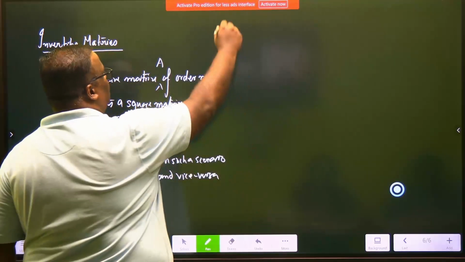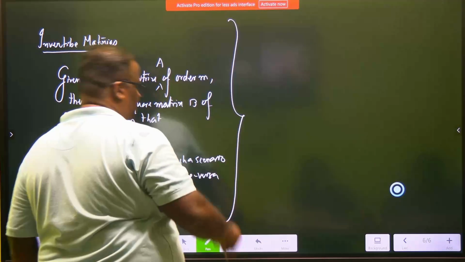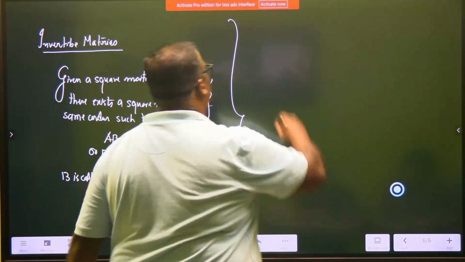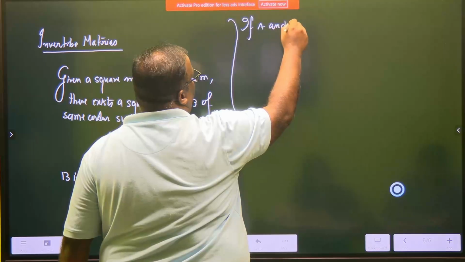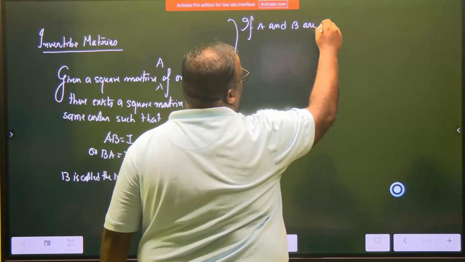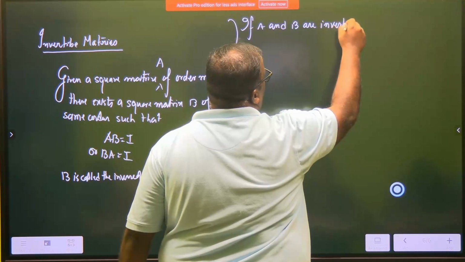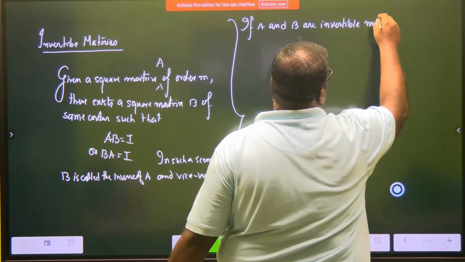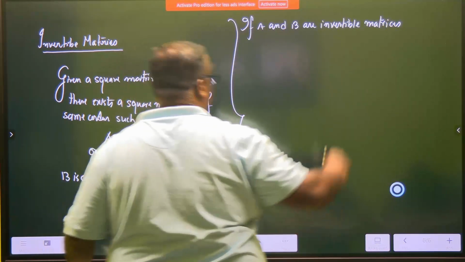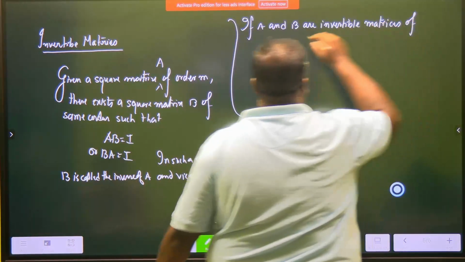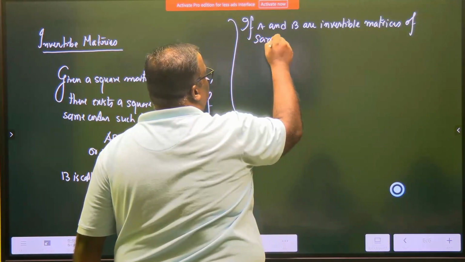So we have the invertible matrix theorem, which says if A and B are invertible matrices, now there is a small catch.